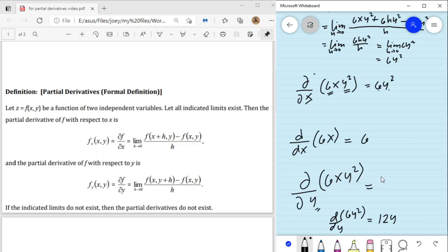So we'll have 12x, that is 6x times 2, then y, then subtract 1 from the exponent of y, so that will just be y to the 1, or simply 12xy. Okay, I hope you got that.